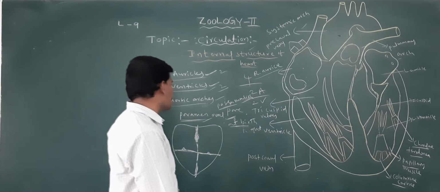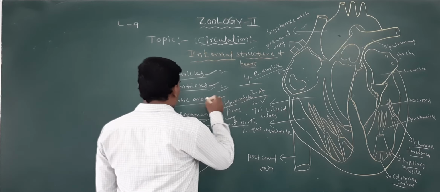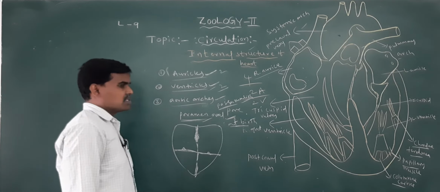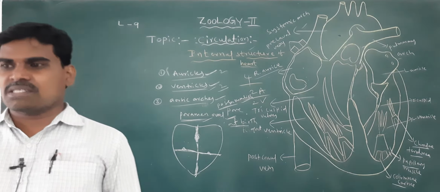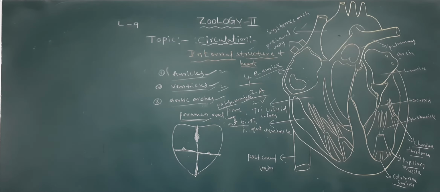The two aortic arches are the pulmonary arch and the systemic arch.